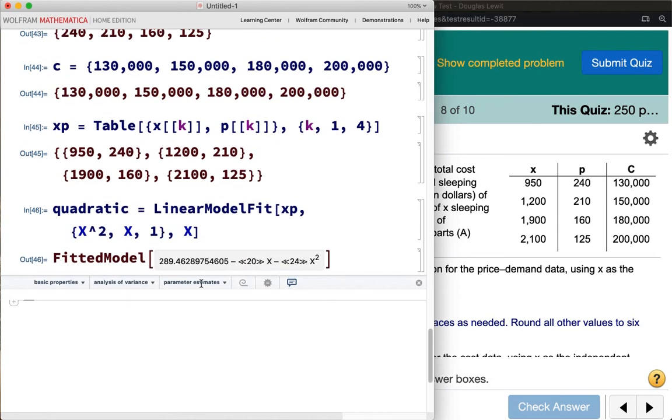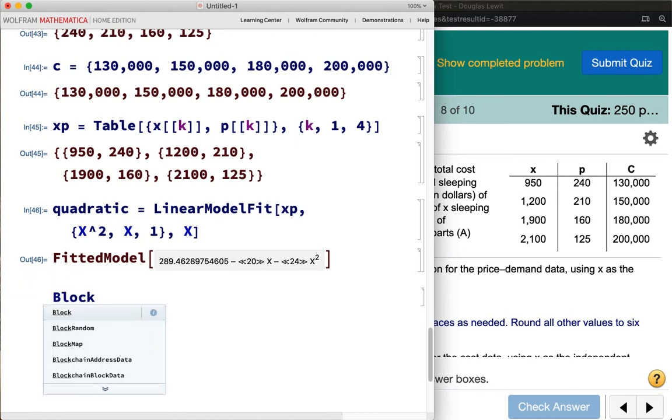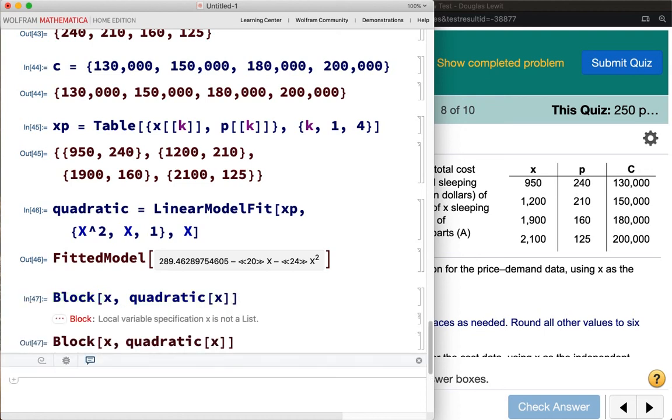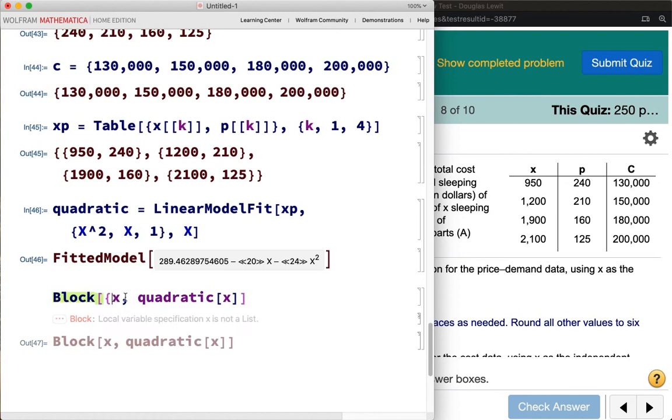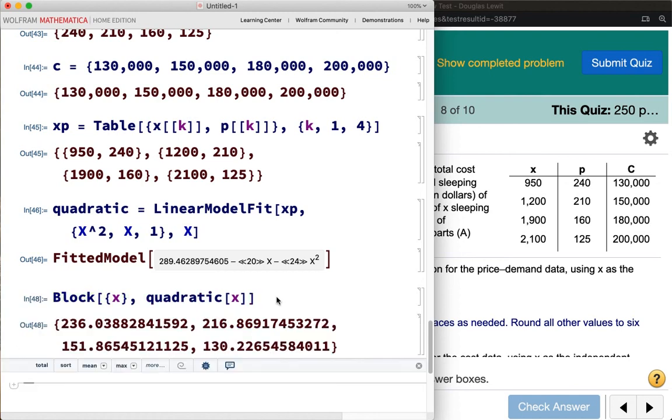And let's see. So what is that going to be? Quadratic of x. Oh, wait a minute. Oh, I see. This is not quite what I want.